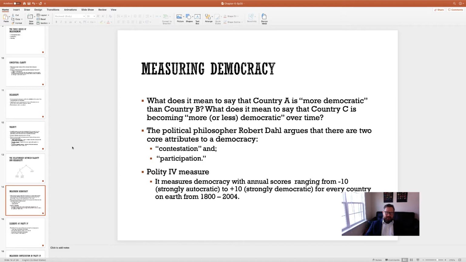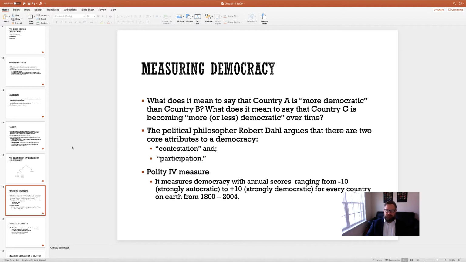Well, that would not be a very democratic state because it's missing participation. And you could also have the other side of the coin, where you have, let's say, a king, and you could easily imagine this happening. There's a kingdom, a monarchy, where there's no contestation at all, but there's plenty of participation.